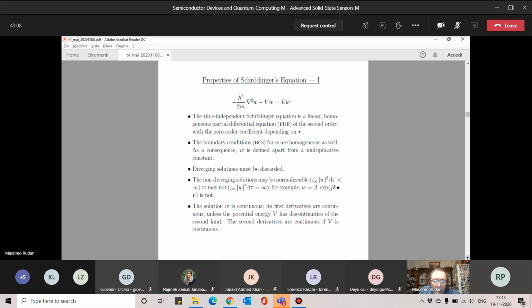If it happens that you find solutions that diverge, they cannot be accepted on physical grounds. So they do exist for mathematical reasons, but they are not acceptable for physical reasons. So diverging solutions must immediately be discarded.